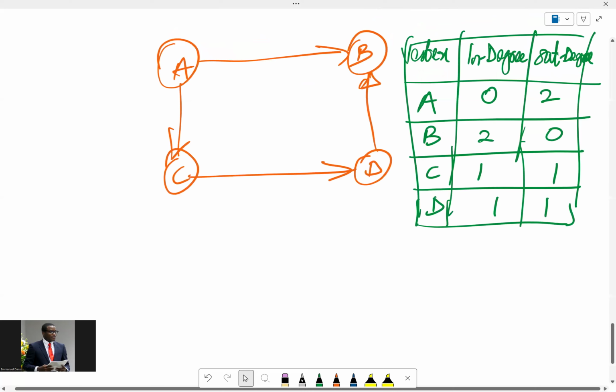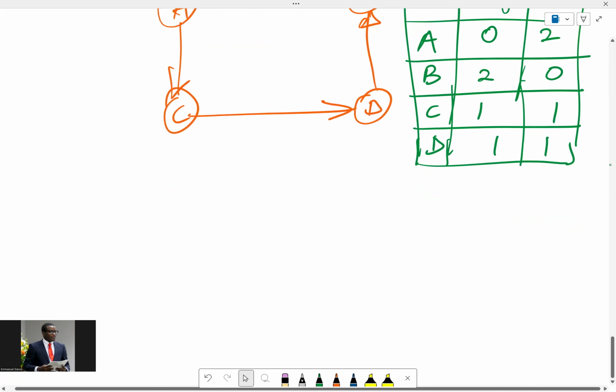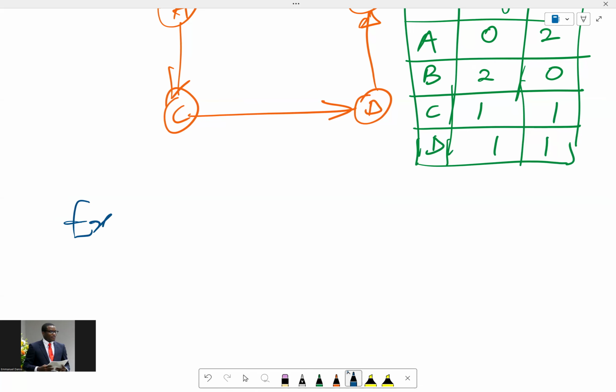Okay, let me just give an example. Examples.